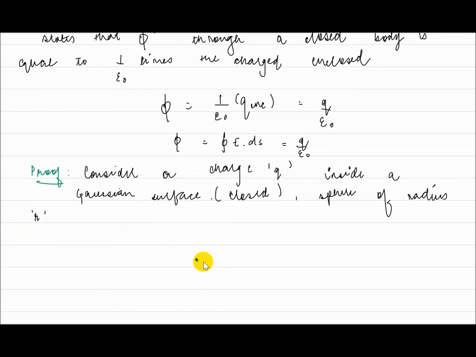So this is the charge Q. It's enclosed in a spherical surface, and this is the radius. We'll find the electric flux at this point. So the electric field is in this direction and the unit vector is in this direction.